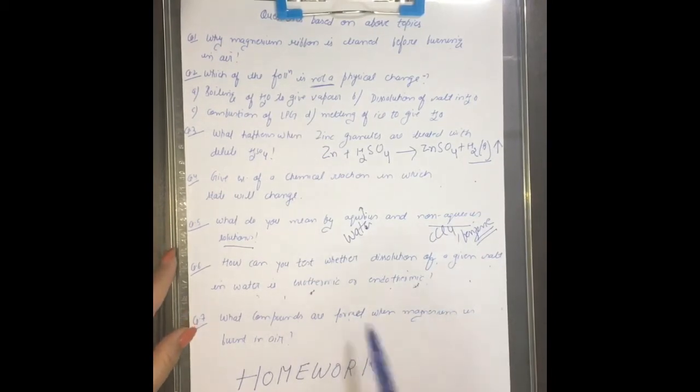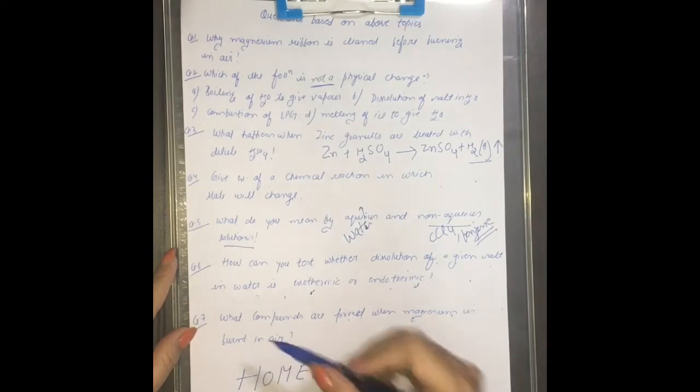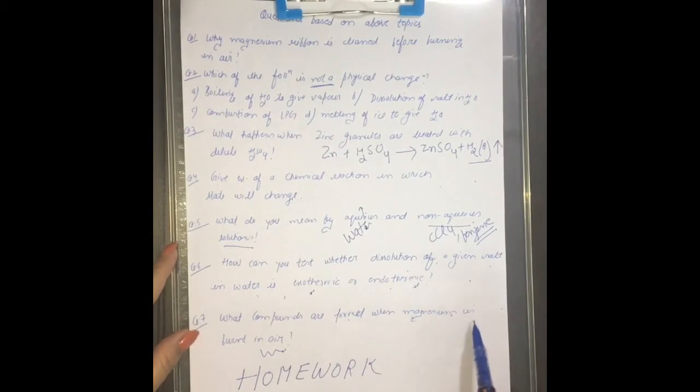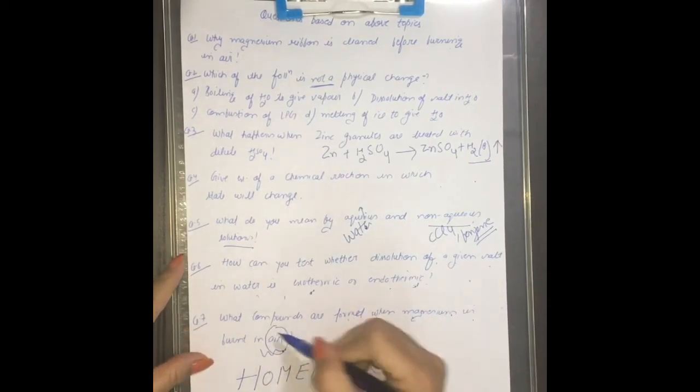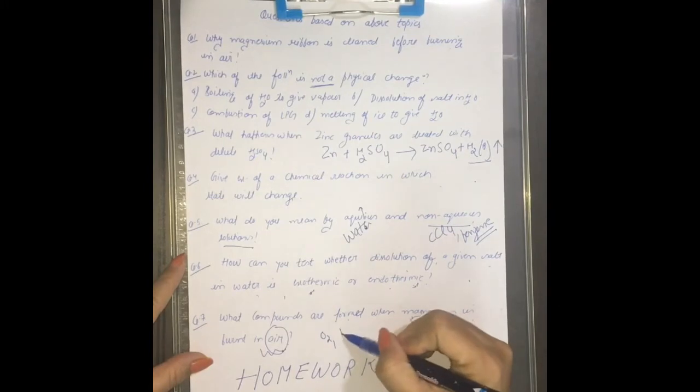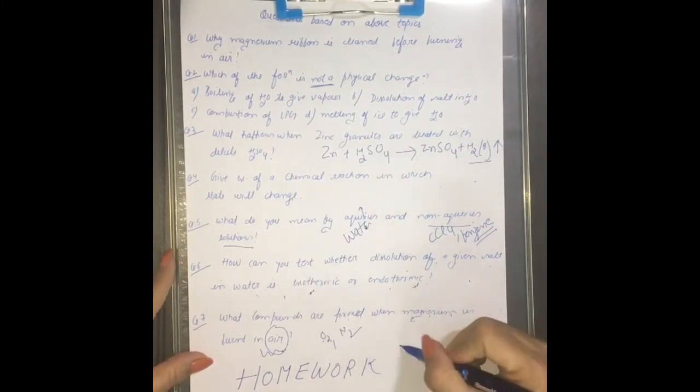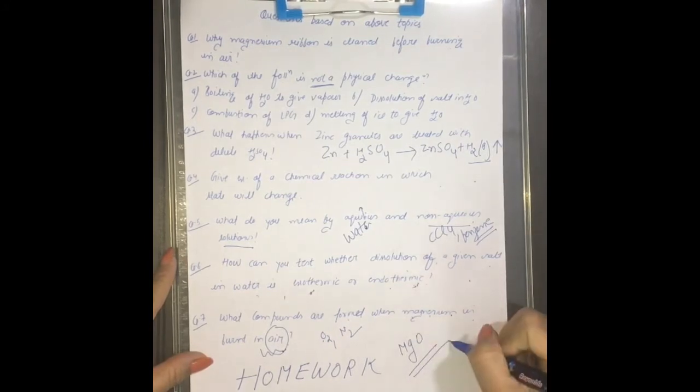What compounds are formed when magnesium is burnt in air? Now, air is the keyword. Here it is not given that magnesium is burnt in the presence of oxygen. They have mentioned air. Air contains oxygen, air contains nitrogen. So if magnesium combines with oxygen, you get magnesium oxide, the new compound formed.